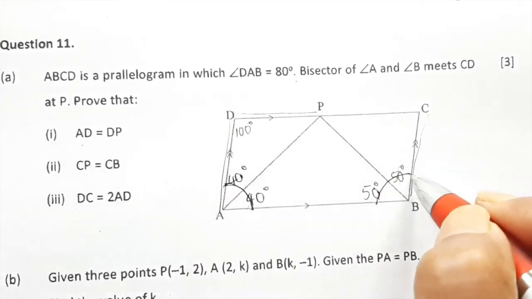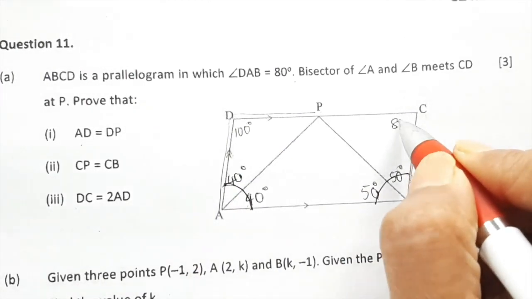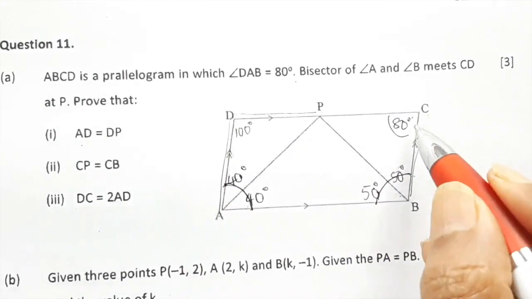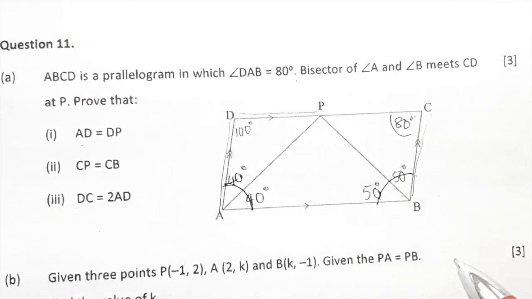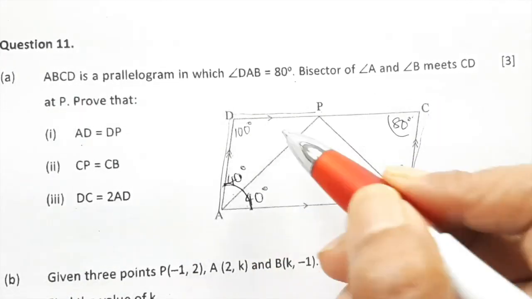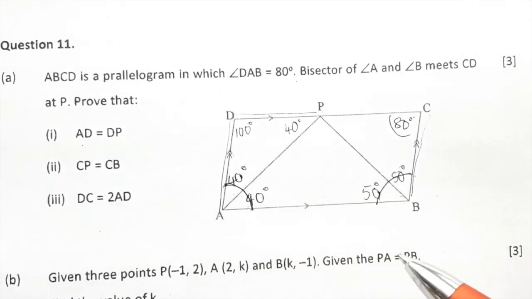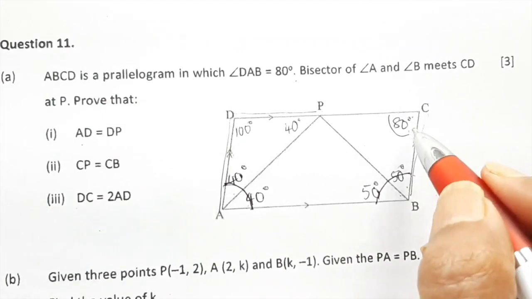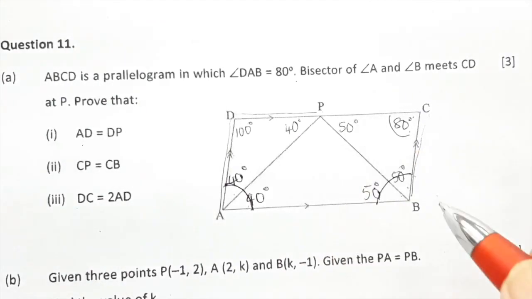And if this is 100, this will be 80 degrees because this angle and this angle are again co-interior angles. Now, in this triangle, this is 100, this is 40. So this will turn out to be 40. In this triangle, this is 80, this is 50. So this also will turn out to be 50.